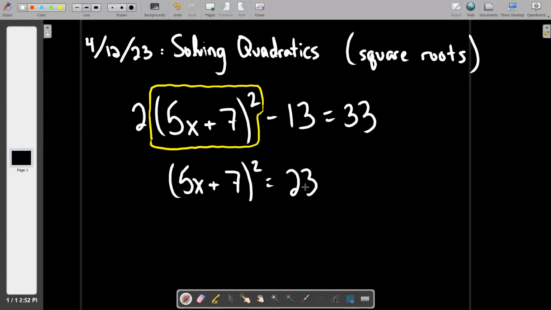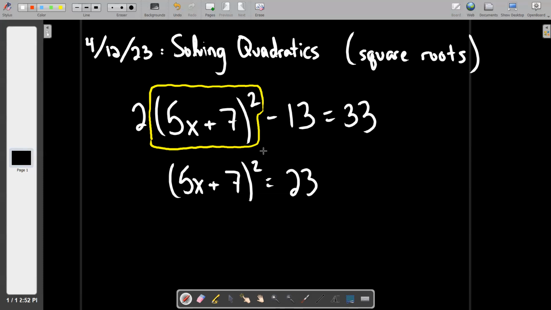So now it's time to do the thing we did yesterday, those 4 sweet words, square root both sides. As soon as you get the power by itself, it's time to eliminate the power. And the only way to eliminate a power is by using its corresponding root. So a power of 2 can be killed with a root of 2.